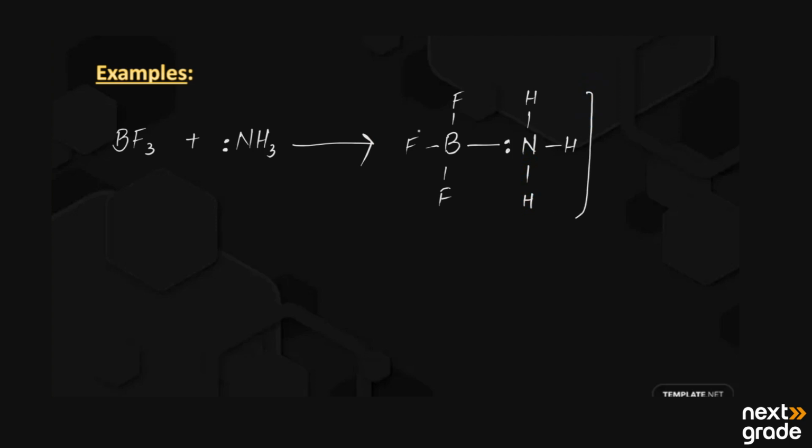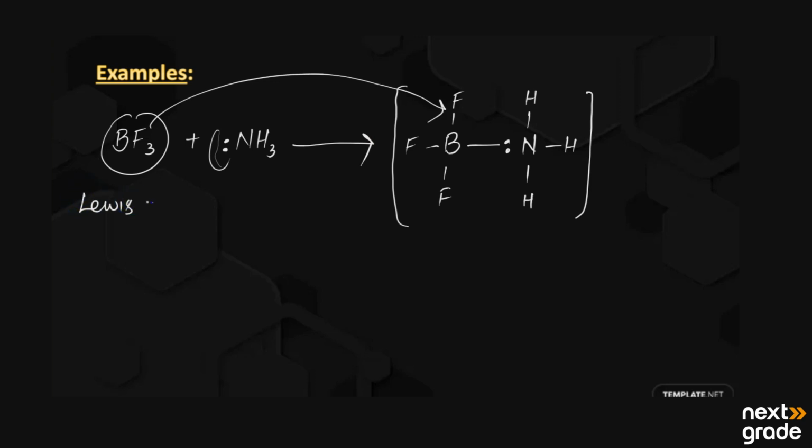This is the main product that we get. BF3 has accepted the electron pair, so it is known as the Lewis acid. So this is a simple example that explains the Lewis acid-base concept.